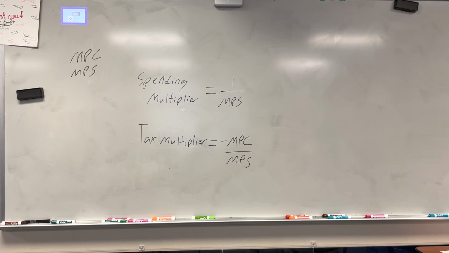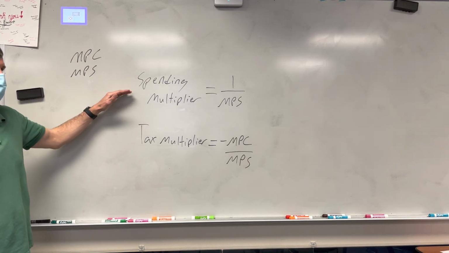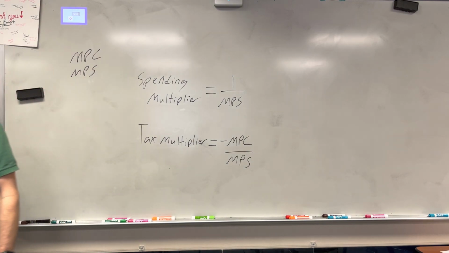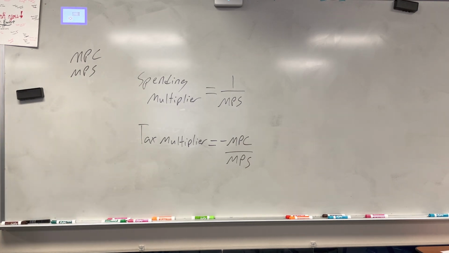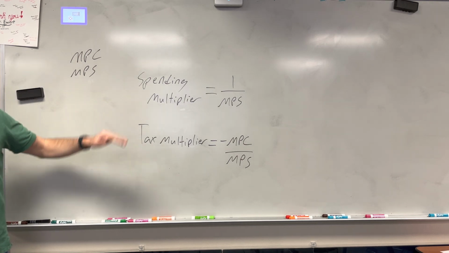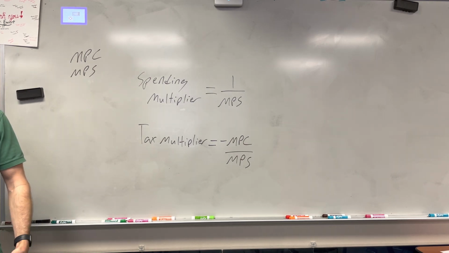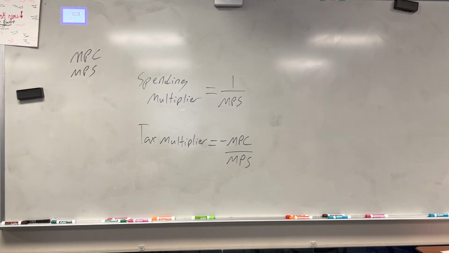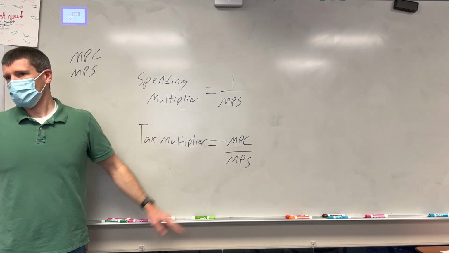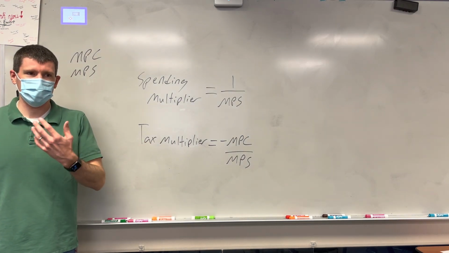Now, in both these cases, the multiplier will be positive if we're going to create more spending. If we increase spending, positive. If we decrease spending, the multiplier would be negative. With the tax multiplier, if we increase taxes, it's going to be negative, because people don't have as much money to spend.